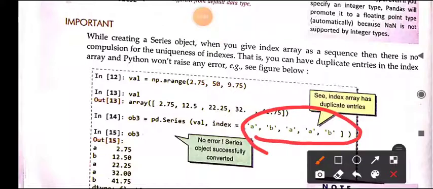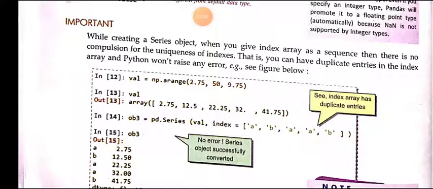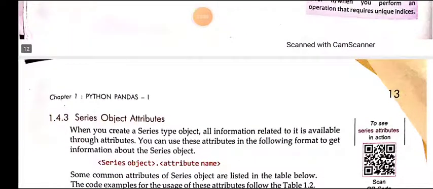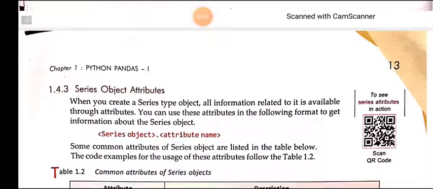That means a is coming 3 times and b is coming 2 times. So at that time too we are going to get the same output, like 2.75, 12.50, 22.50, and the indexes may be repeating. Now moving forward, the next topic is series object attributes.